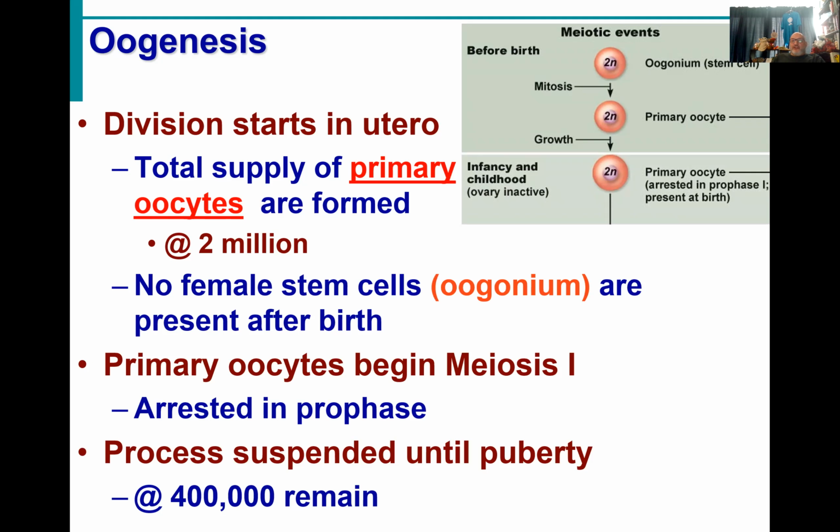But as we also talked about, in the most extreme situation, a female is using 600 oocytes during the course of her life. So 400,000 is still far more than she is going to need during the period of time that she is sexually viable. So we have plenty of genetic diversity, plenty of available resources for that process.